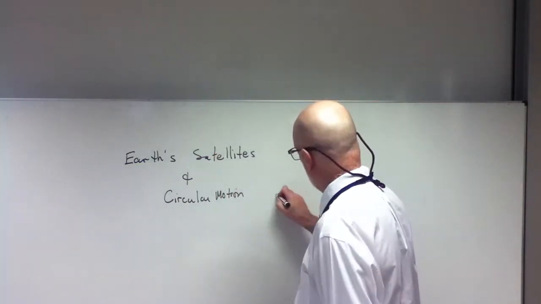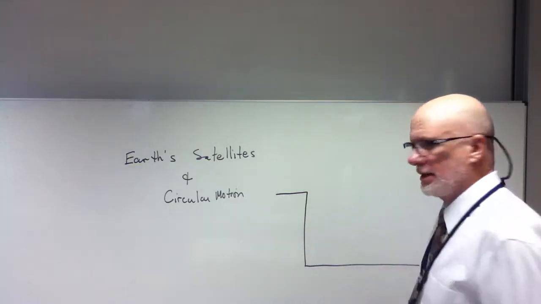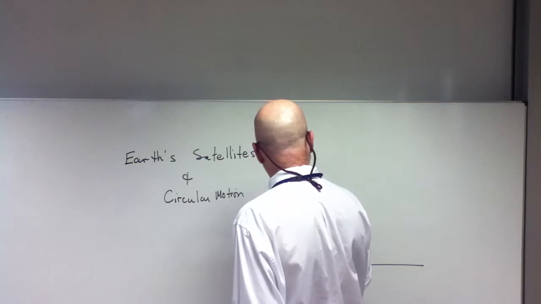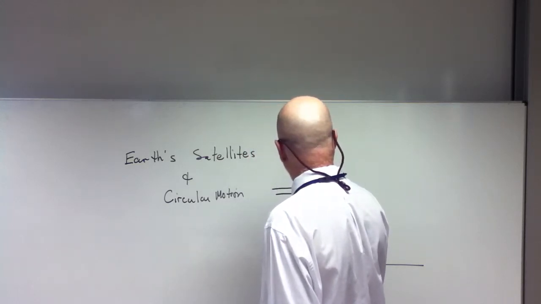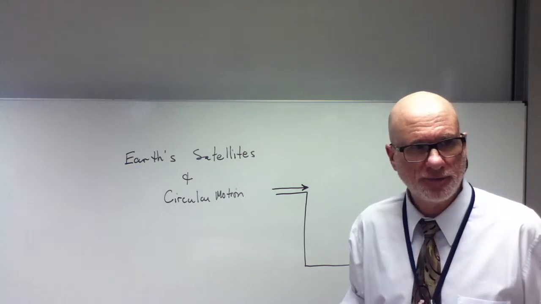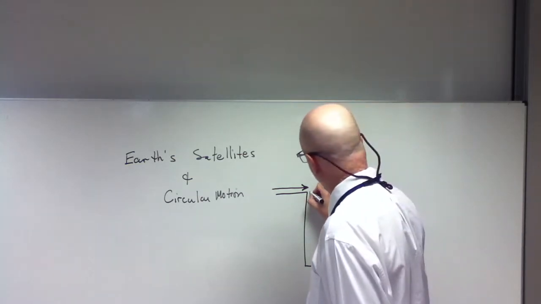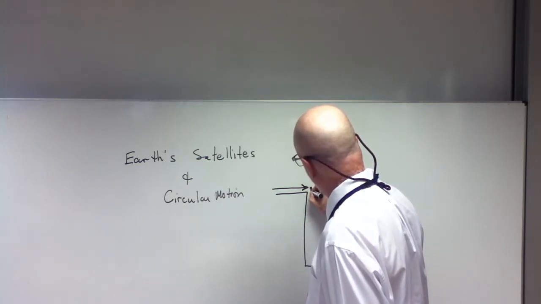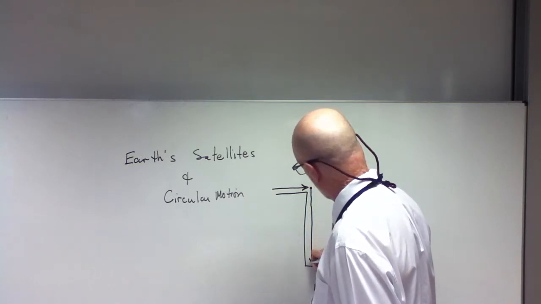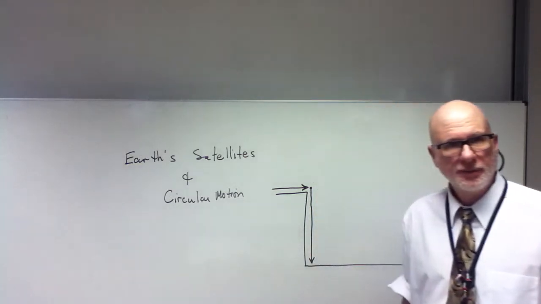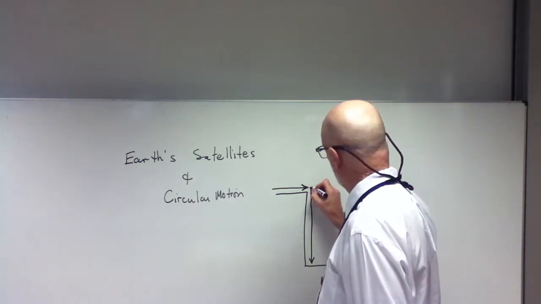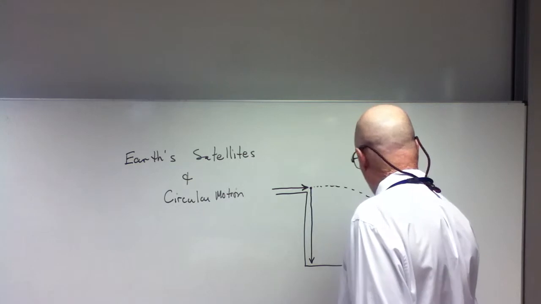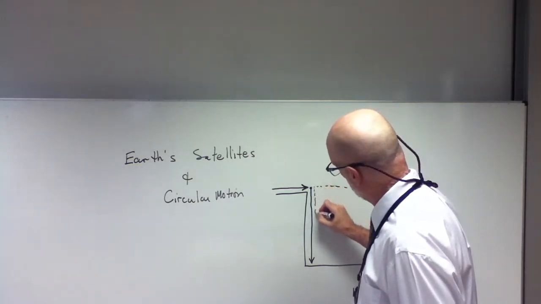If I take some kind of missile, a stone or a gun or something, and I shoot it horizontally off a cliff, and at the same time I take a stone and drop it to the ground, the first one will go like this, and the second one will go like this.